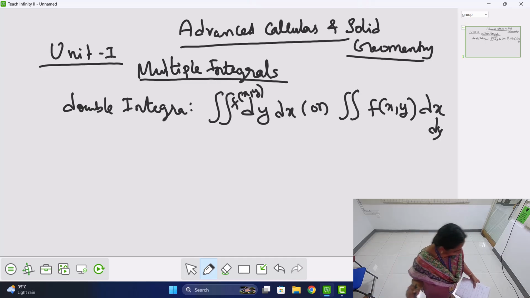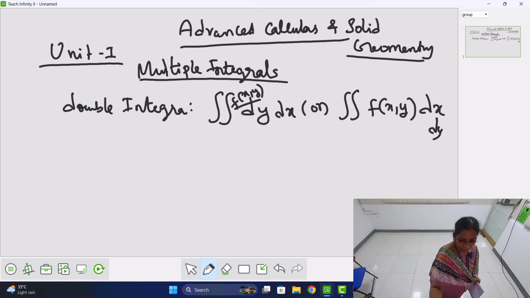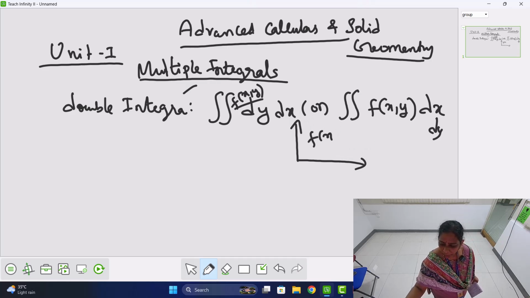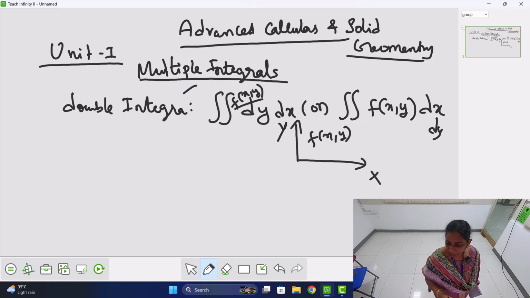So this is so-called double integration. Whenever your function depends upon two variables, we have to use this double integral. We have to integrate this function f of x comma y with respect to x-axis and then with respect to y-axis.